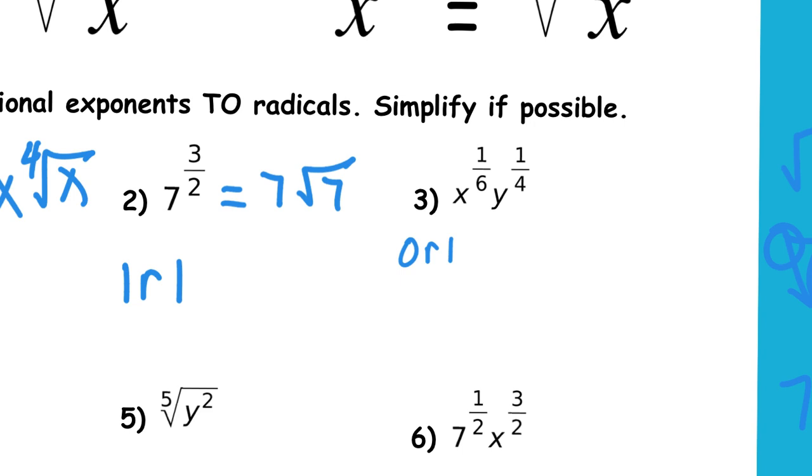X to the first power? Okay. So let's think about it this way then. If I wrote the 6th power, this would be x and y. Oh, no. I don't want that. Make that a 6. I don't want a 4 there. I don't want to do that.